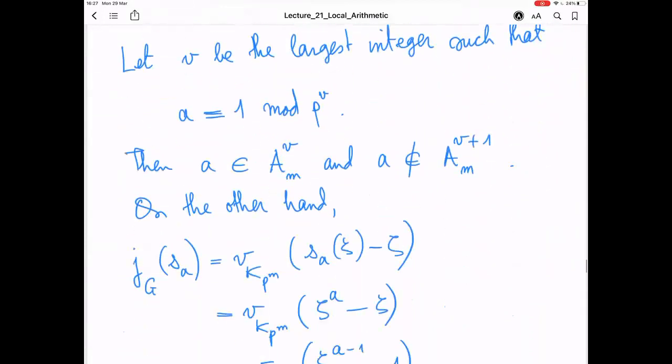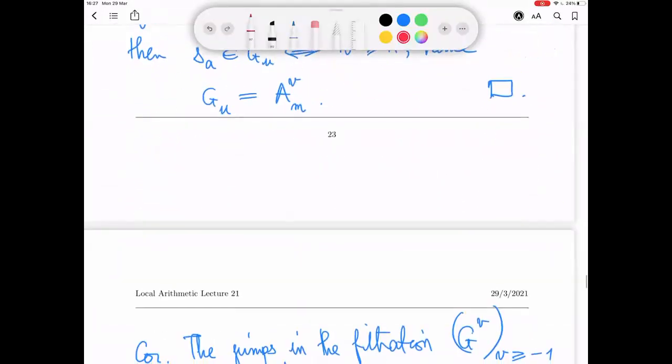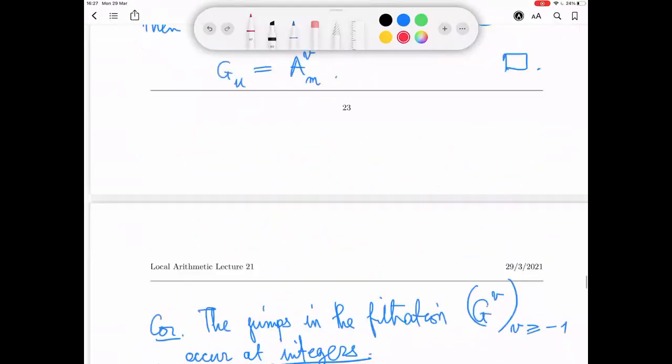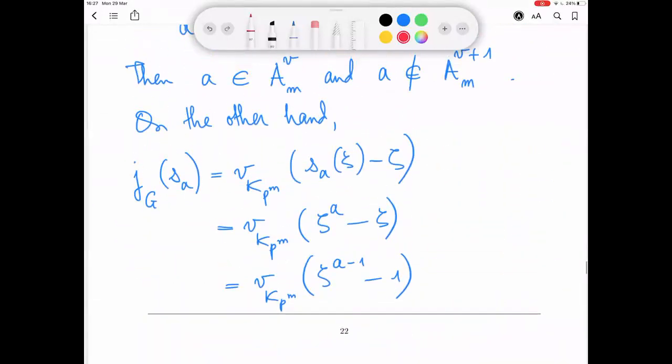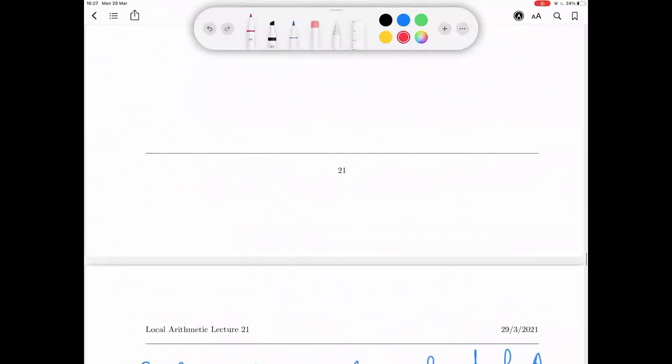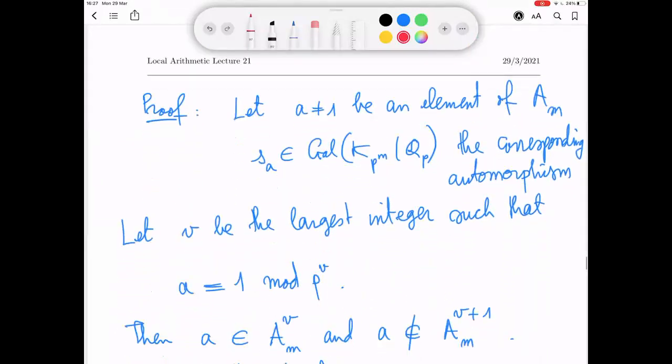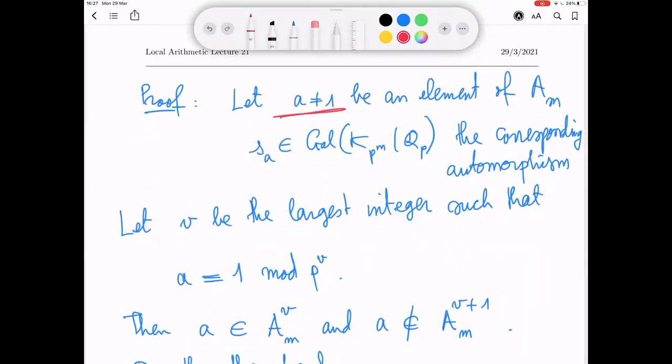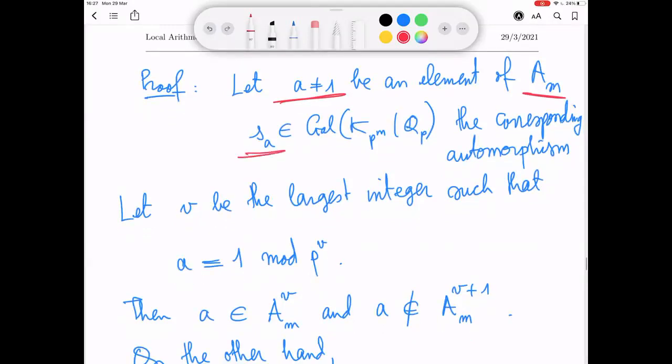Okay, I have a few minutes left, so maybe I can complete the proof. Take any a which is different from 0 in a_m, and s_a is the corresponding automorphism of K_{p^m}.